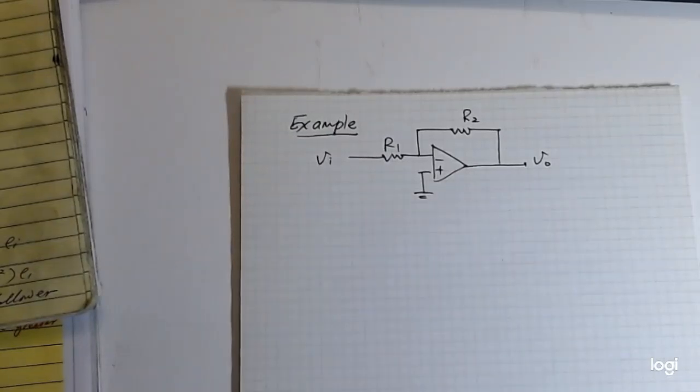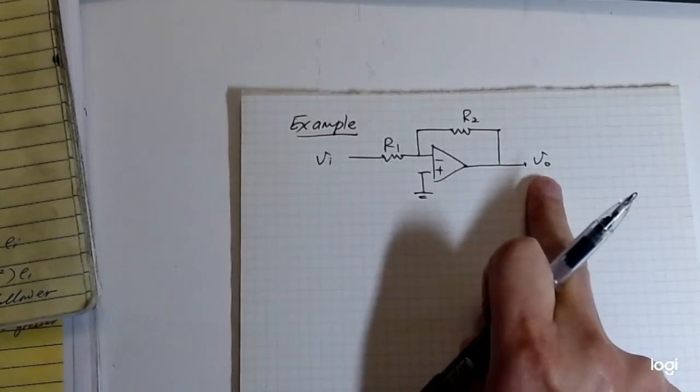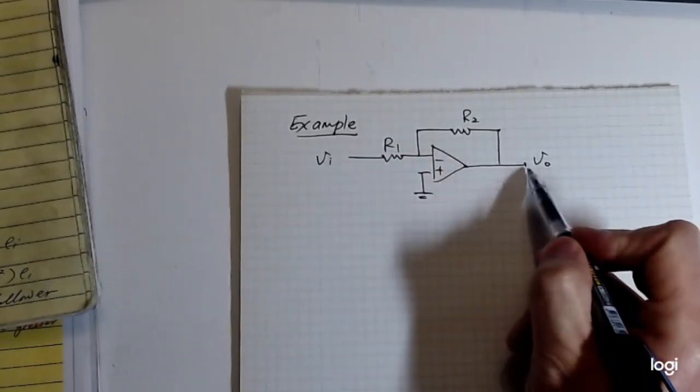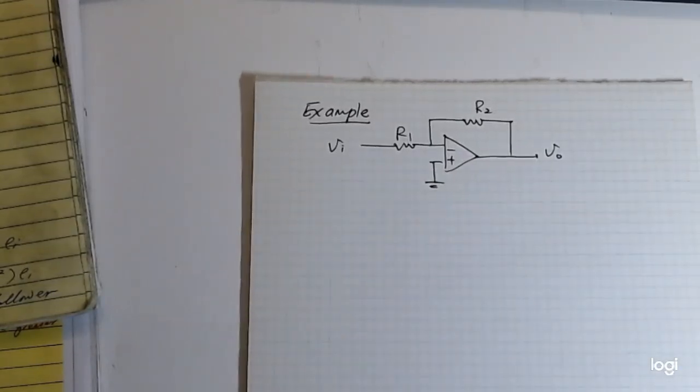I want to know the relationship between the output voltage and the input voltage. So let's model and analyze this circuit first.